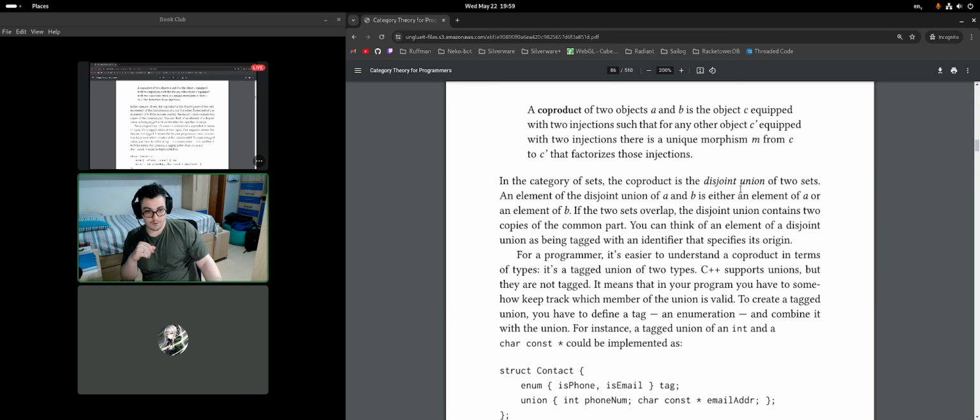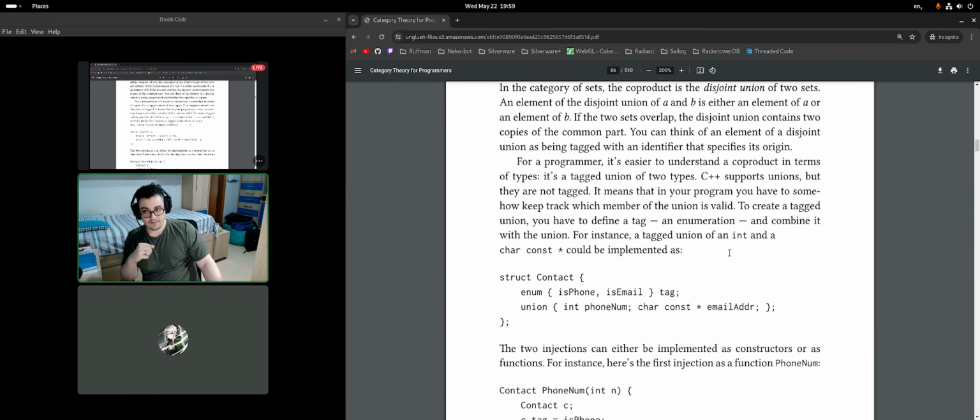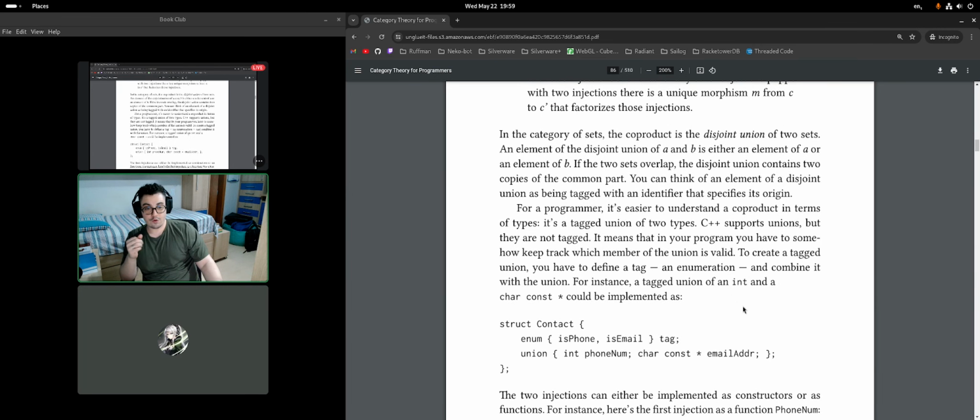We can replicate this using tagged unions in programming. So here we have a C++ example in which we have the tags and the morphisms. Note that the text does say this, but C++ doesn't have tagged unions, so you have to kind of roll your own by using an enum.